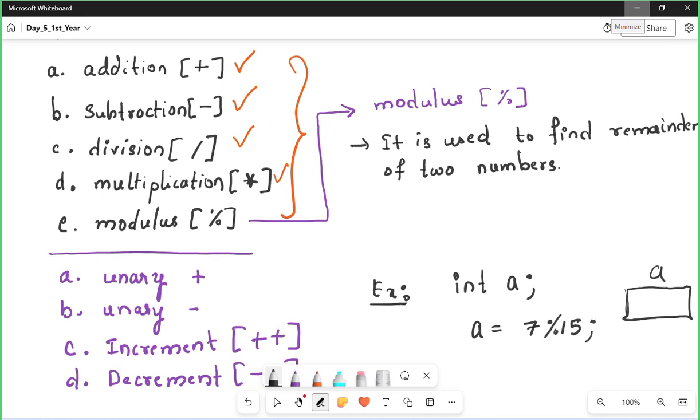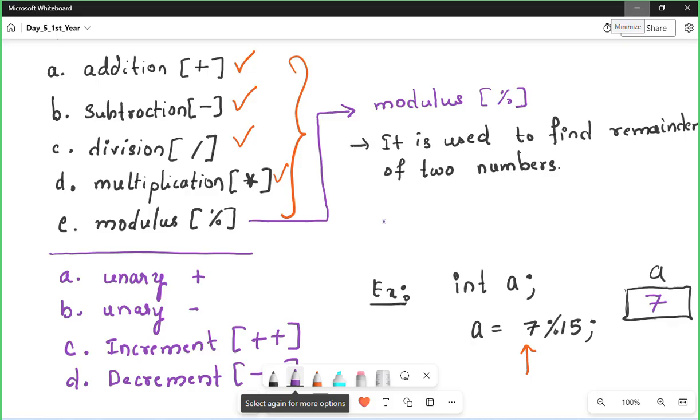Look at this example. If the first number is smaller than the second number, then the remainder will always be the first number. So 7 mod 15 is 7 only.